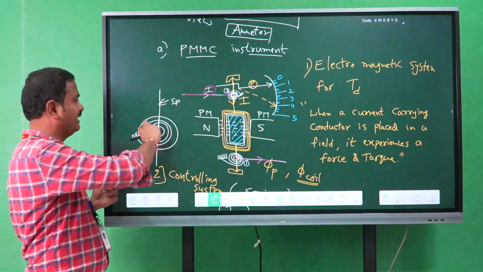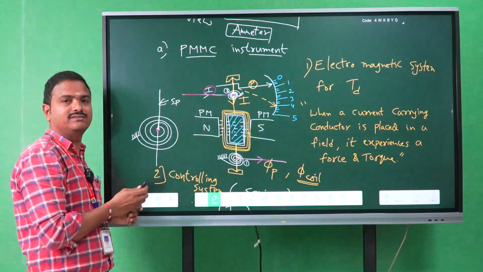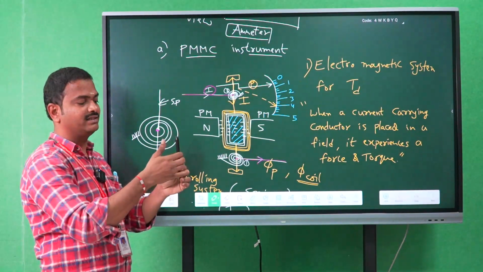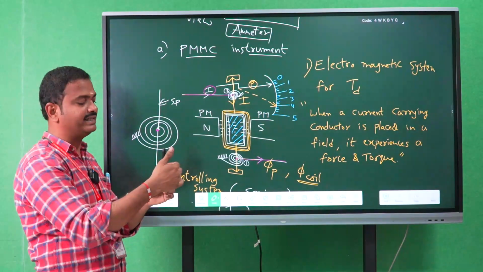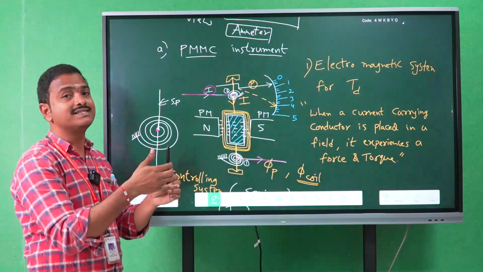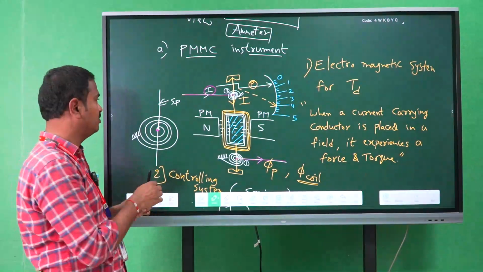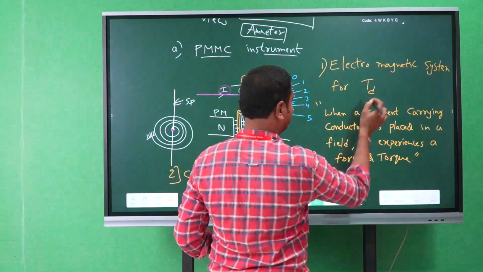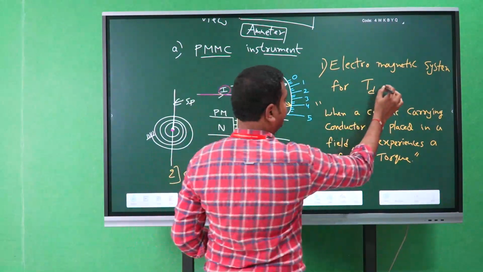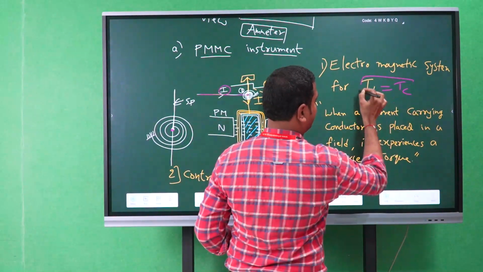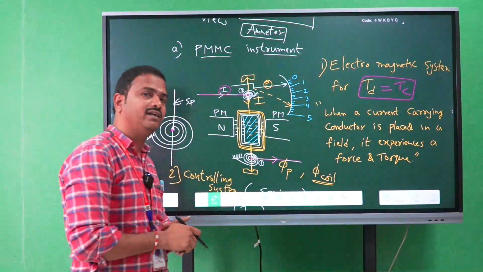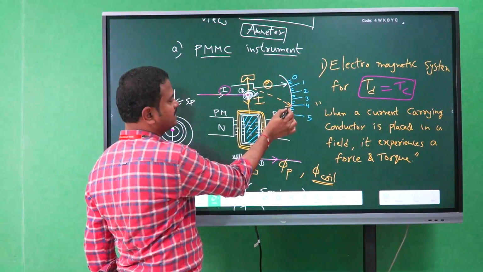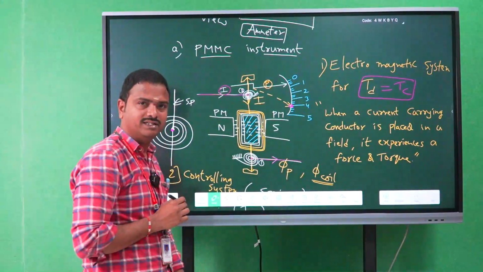That means the spring is under tension whenever the spindle is rotating, and it creates an opposite force on the spindle. Whenever the deflecting torque and controlling torque are both equal, only then does the pointer stop at its final position.